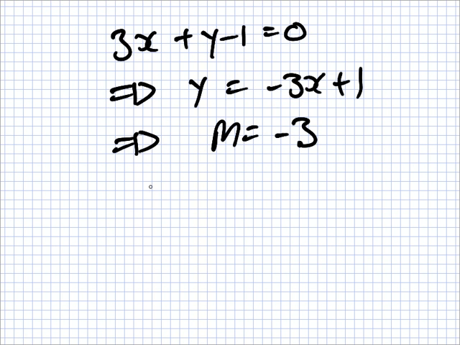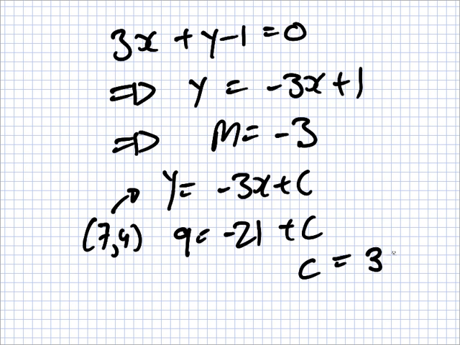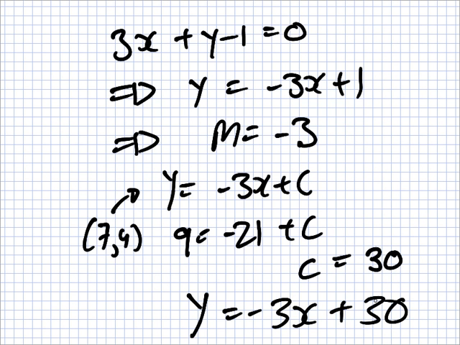And because they're parallel, it's the same m. So y equals minus 3x plus c. And the point is 7, 9. Sub it in. So 9 equals minus 21 plus c. So c equals 30. Oh, yeah, 30. So y equals minus 3x plus 30. That's the answer there. So, first question.